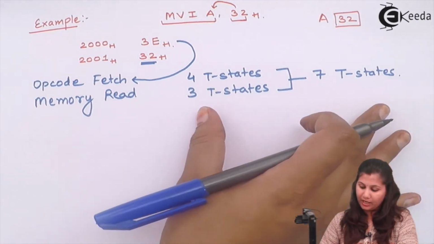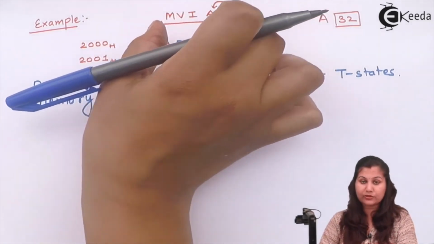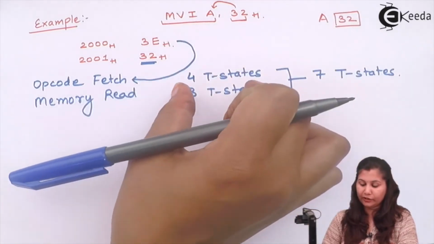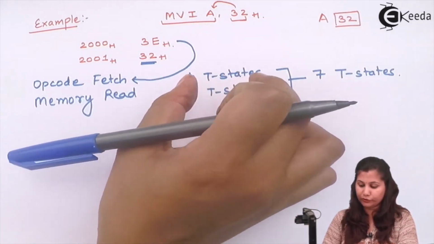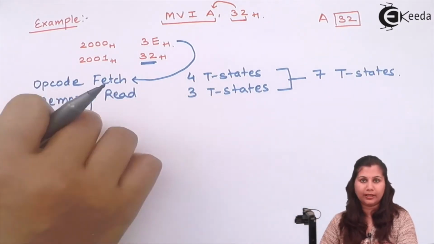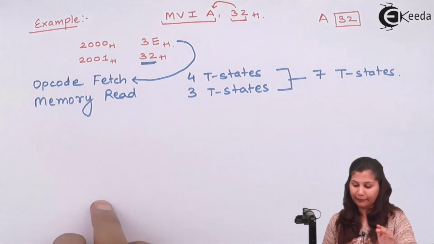So when we are asked to draw the timing diagram for the instruction MVI A, 32H, we will draw the 4 T states for the opcode fetch and 3 T states for the memory read.